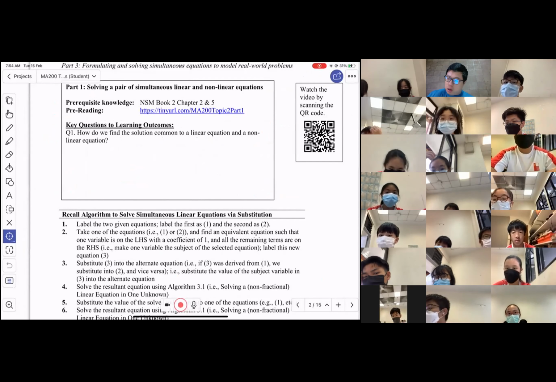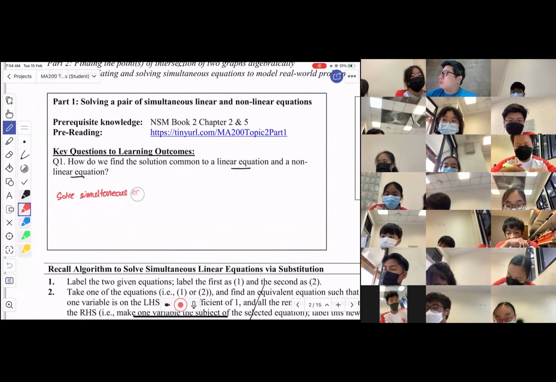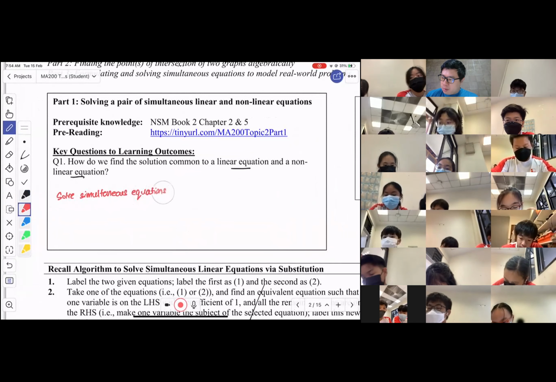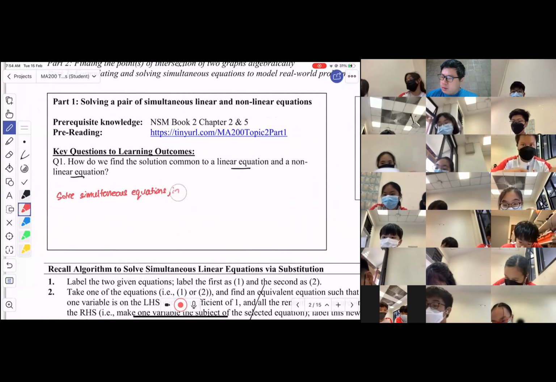The answer is basically we can solve the simultaneous equations in two variables with at least one linear equation by substitution. Okay, by substitution.